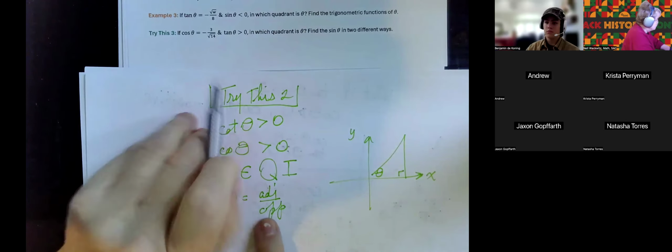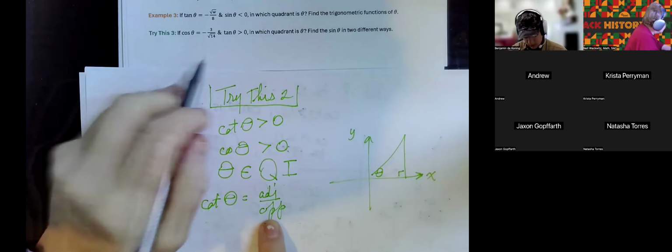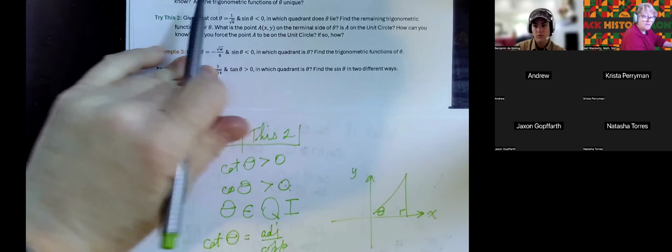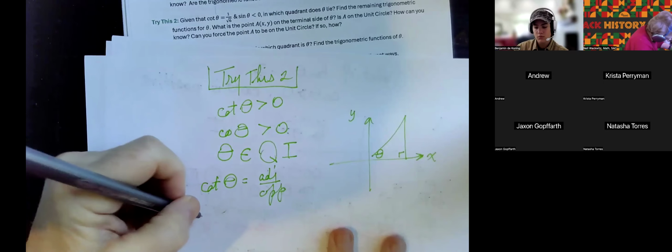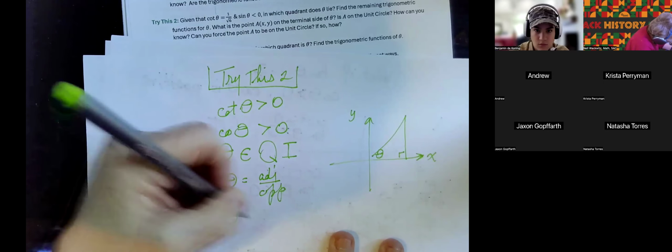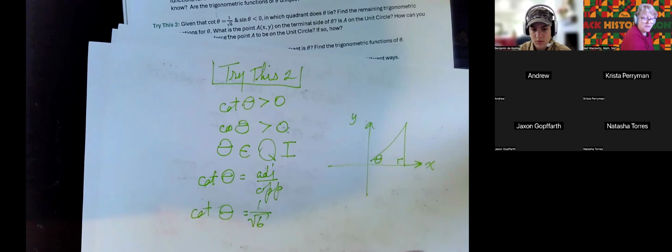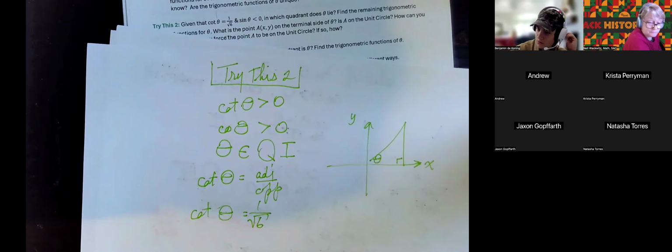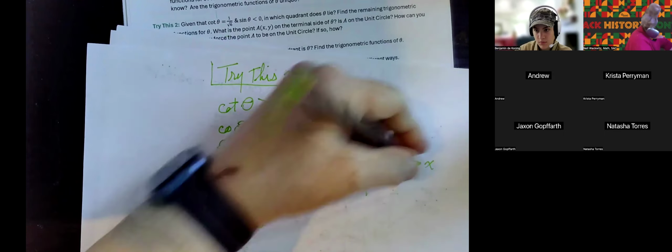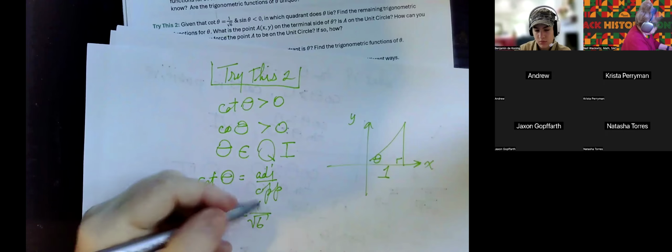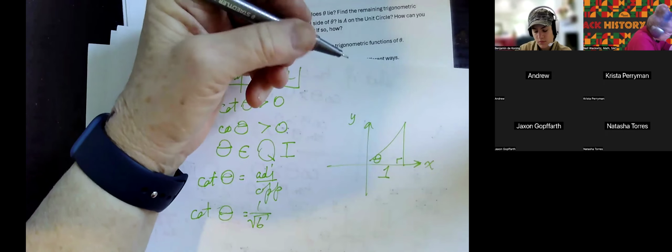So to set this up, we know that the cotangent is 1 over square root of 6. Let's label the sides of the right triangle. So the adjacent will be 1, the opposite will be square root of 6.